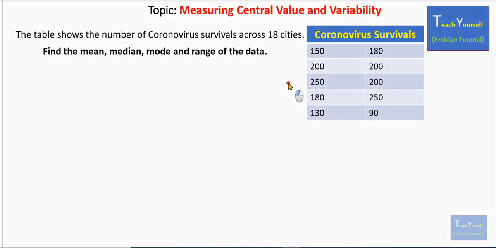Okay, now let's look at this example and apply what we have learned about the mean, median, mode, and range. The table shows the number of coronavirus survivors across 10 cities.